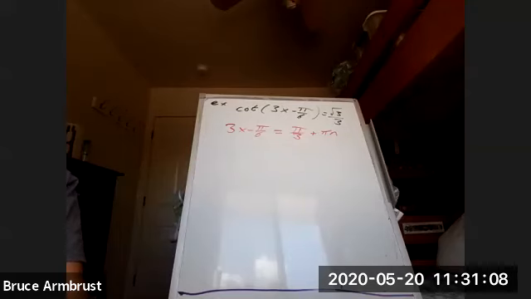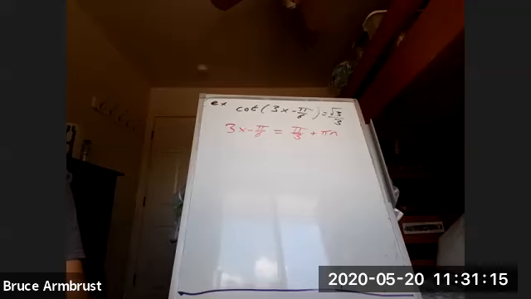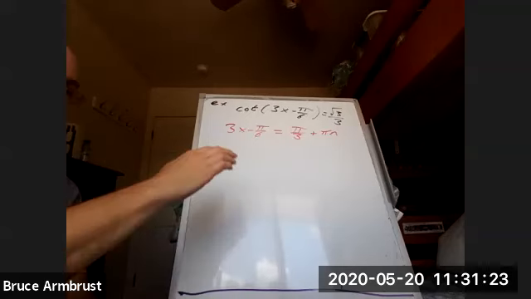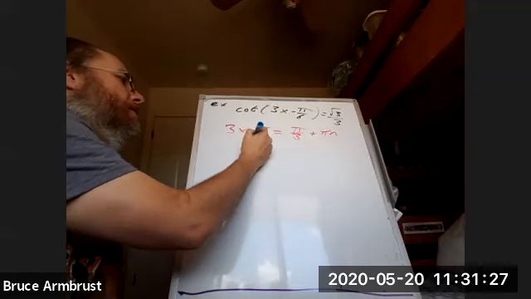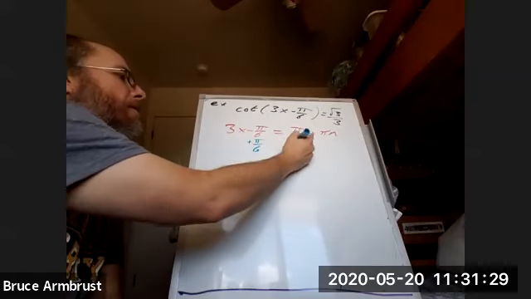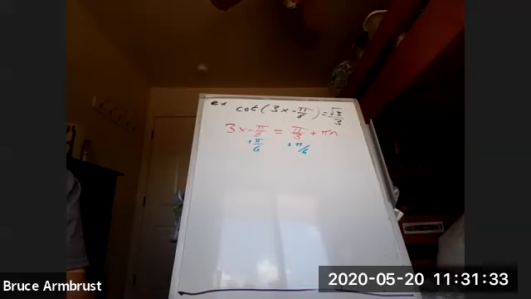All right, well, we still have to solve for x. We have to figure out what does x actually equal. Well, now this is like any other equation. We're just going to go ahead and move things around, and we're going to solve for x. So think about solving for x. Our next step would be to add pi over 6. So let's add pi over 6 to both sides.